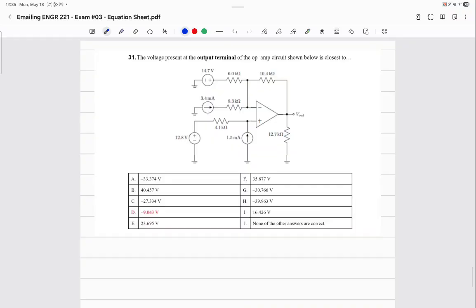Okay. The voltage present at the output terminal of the op-amp circuit shown below is closest to... Okay, let me see.